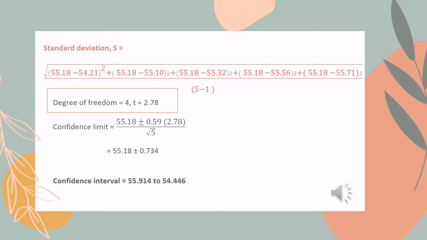The degree of freedom is 4 and the T is 2.78. Using that, we calculate the confidence limit, which is 55.18 plus minus 0.56 times 2.78 divided by square root of 5. We get 55.18 plus minus 0.734, which is the confidence interval of 55.914 to 54.446. That is all for our presentation.